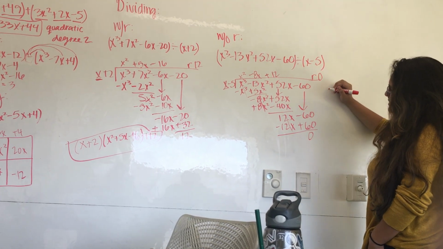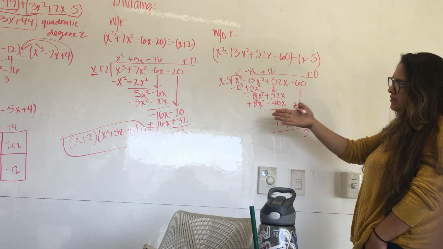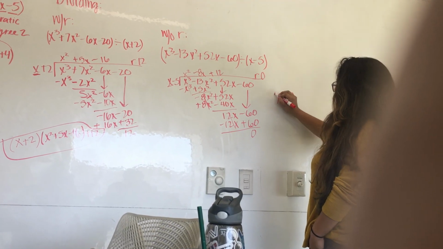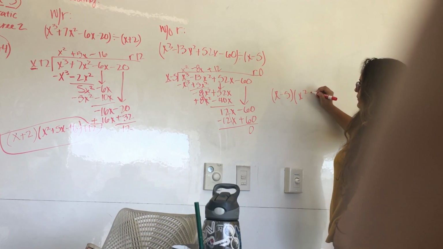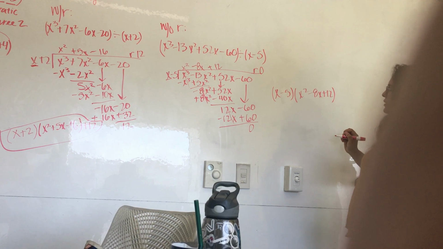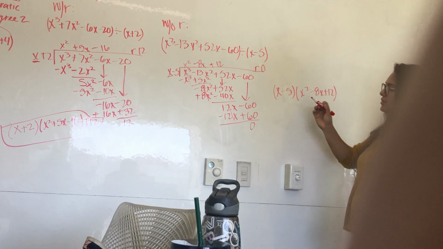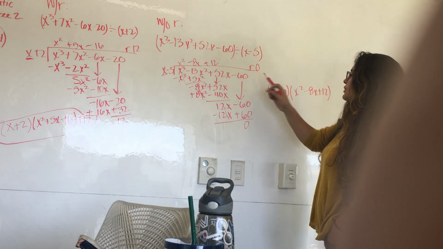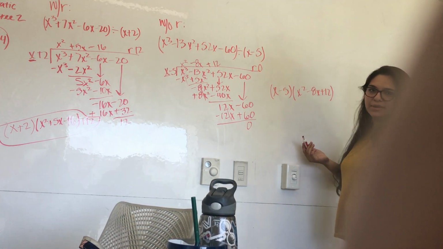For our multiplication statement, we're doing something very similar to that one, where we're doing x minus 5 times x squared minus 8x plus 12. But because we added on the remainder in the previous example, here we don't have to add the 0 because it's not going to make a difference.